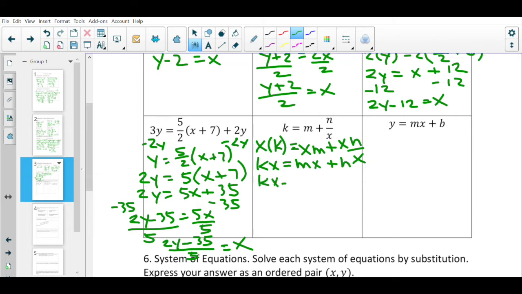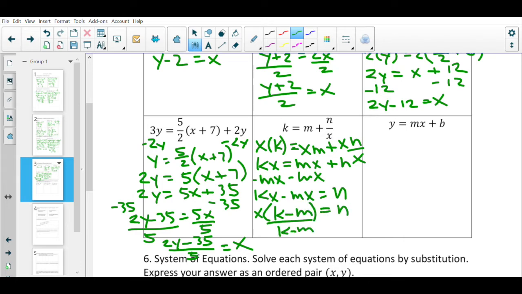This one is one of those where you have to do a bit of factoring. So we subtract mx from both sides. That's kx minus mx equals n. And we factor x out of both and divide by k minus m. X equals n over k minus m.